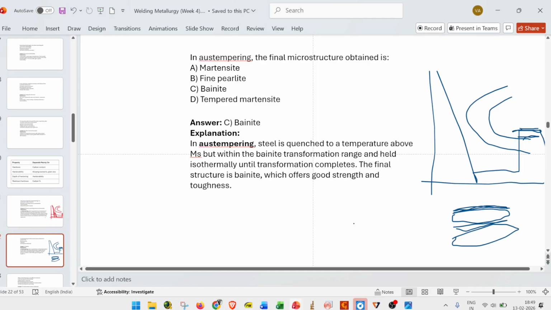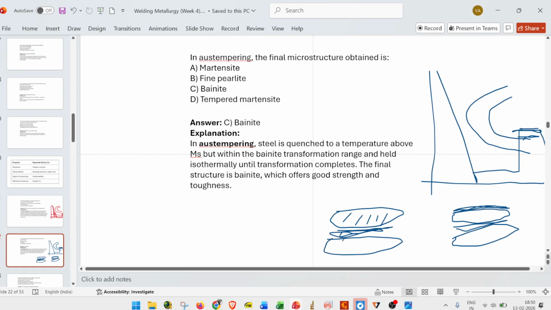Suppose I go for the finer bainitic phase. Inside this ferrite phase, we will see the needles of Fe3C. Outside also we will see Fe3C, because there is not enough time for the Fe3C to diffuse out of the alpha phase.